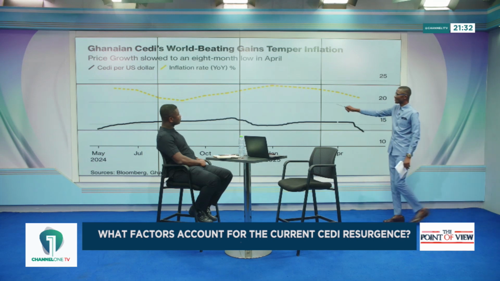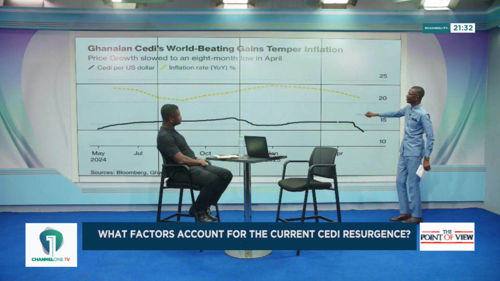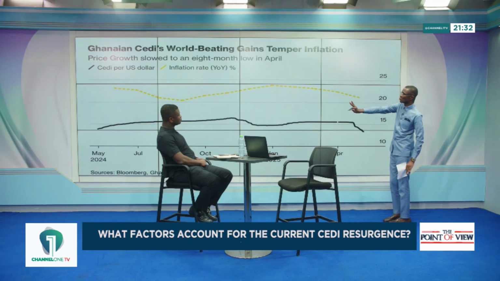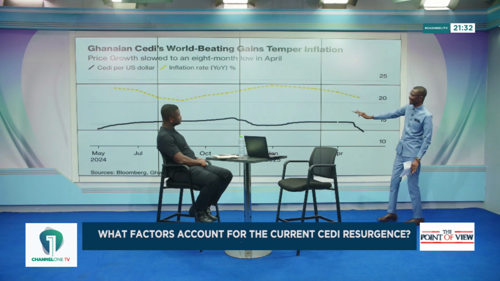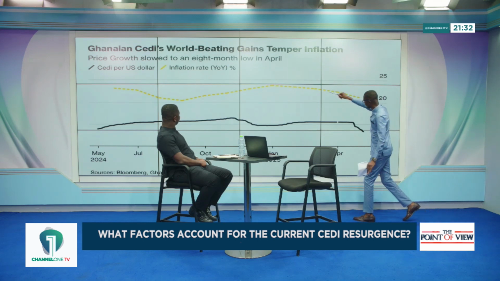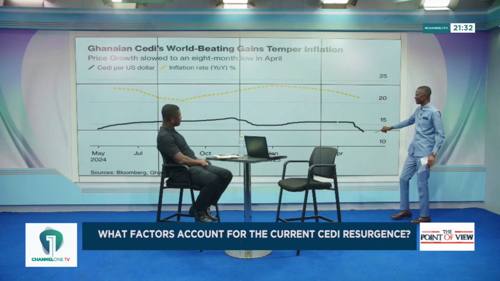And there's an interesting relationship between how many cedis you need for a dollar and the rate of inflation year on year. I'm not going to go into inflation, but that's a different conversation. But you can tell that at some point there appears to be some correlation, because as inflation trends downwards, the amount of cedis you need to buy a dollar trends downwards.